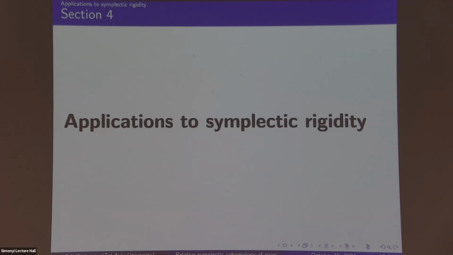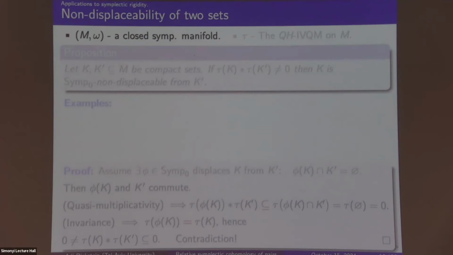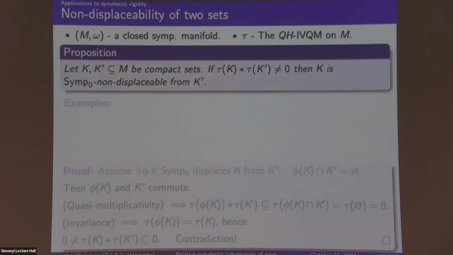So, applications. First, given a closed symplectic manifold, and tau will be our quantum cohomology IVQM, we have the following important proposition. It says that given two compact sets such that the product of their measures is not zero, then we cannot displace one from the other by Sim zero.